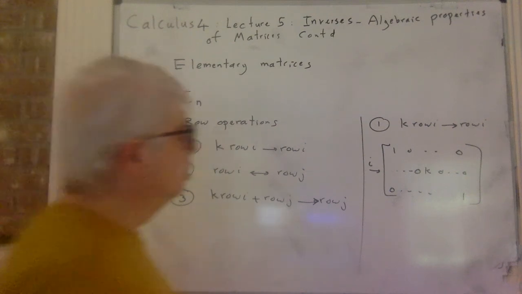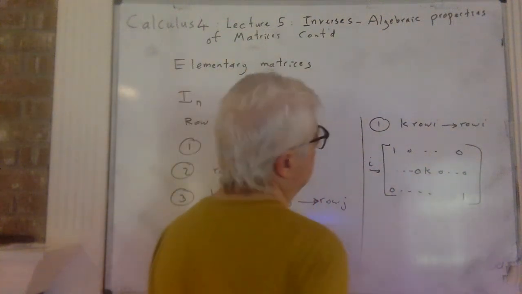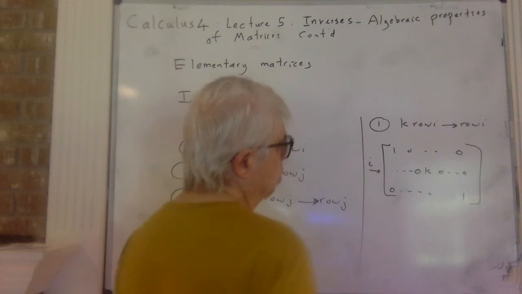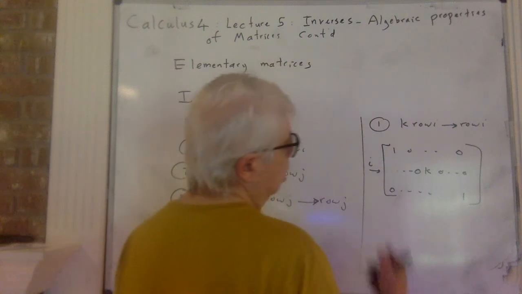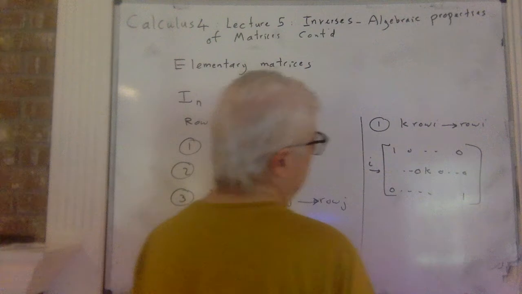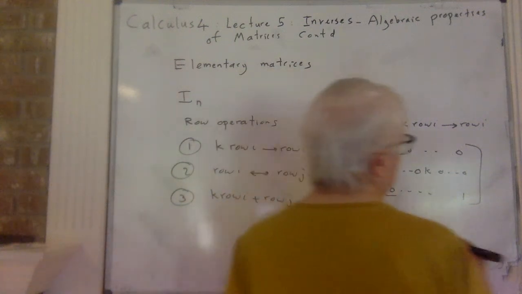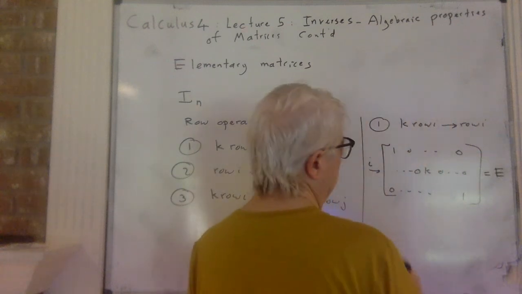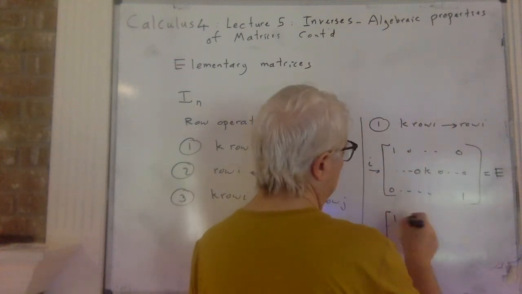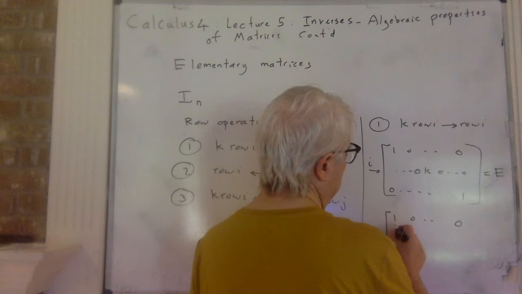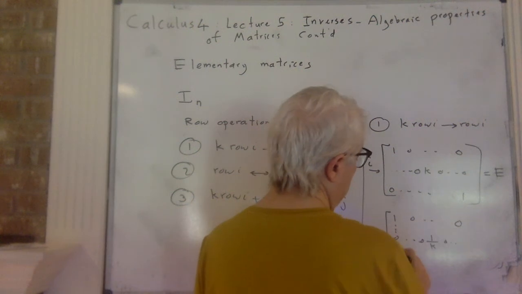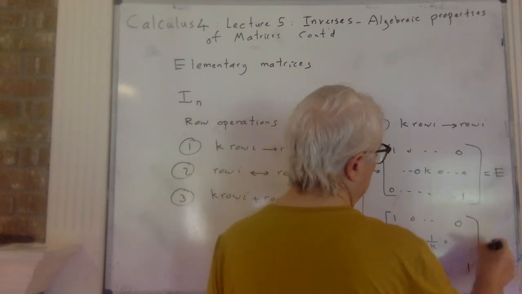Now, what is the inverse of this? It has an inverse. The inverse is simply 1 over k. So if this is, say, an elementary matrix E, then this is the inverse: 1, 0, and then 0, 1 over k, 0, and the last one, 1. So that's E inverse.